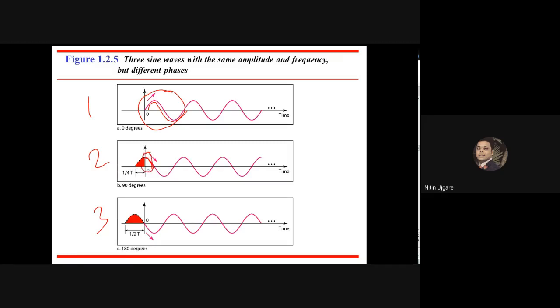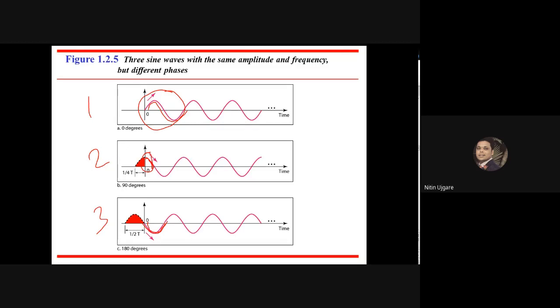Okay, that's why it has a 90-degree phase shift. Whereas this signal has a 180-degree phase shift because it completes half a cycle of the entire wave.